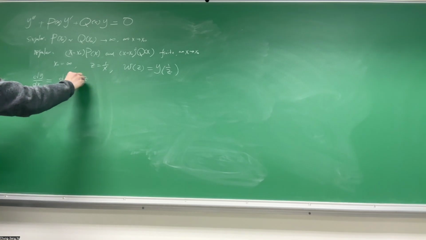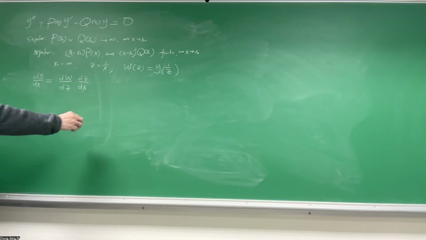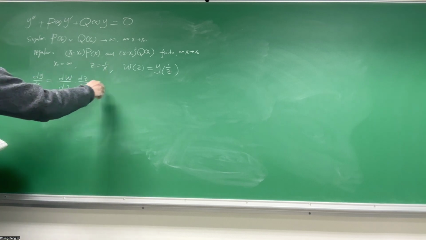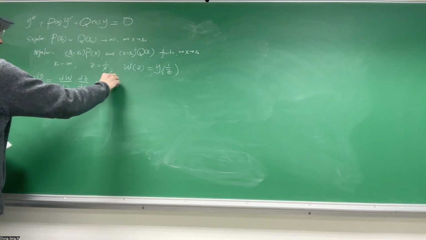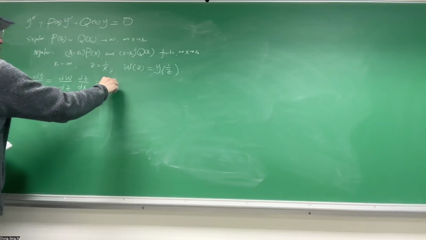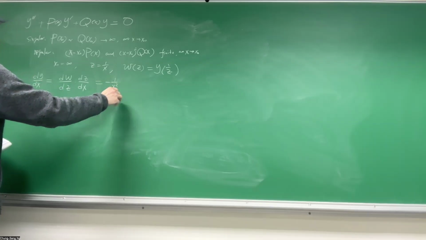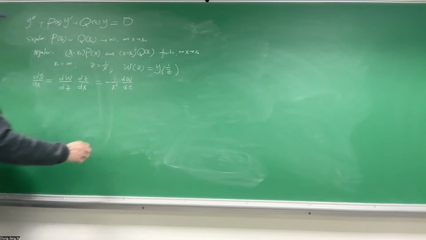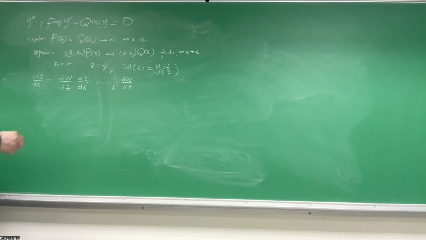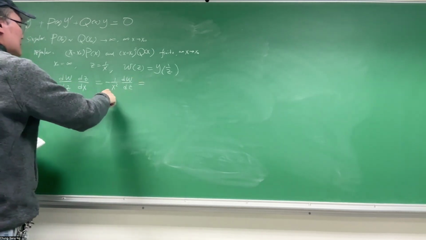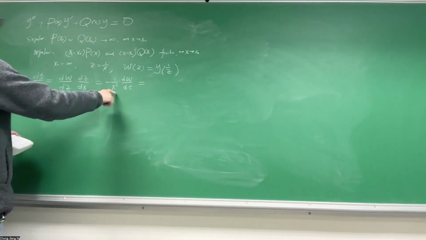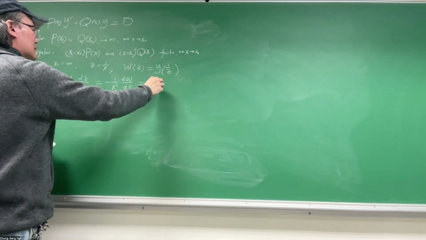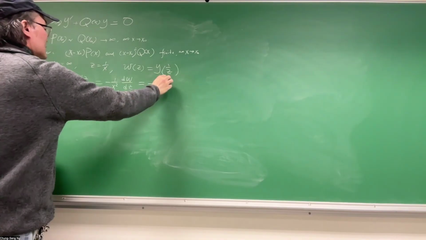And then dz dx, which is minus 1 over x squared, right? dw dz. But then this 1 over x squared goes back to the z, this z squared, dw dz.